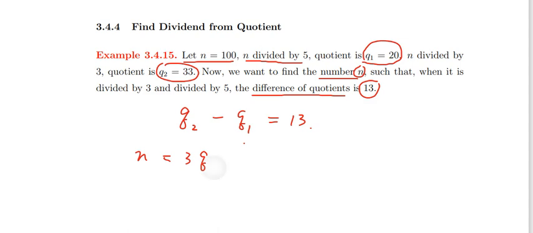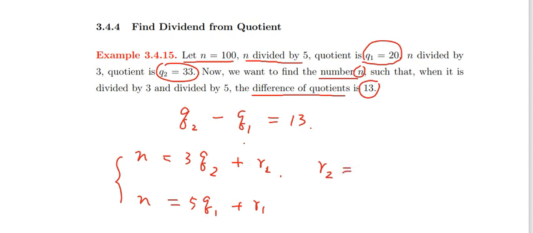So N should equal 3Q2 plus some remainder. And N divided by 5, the quotient is Q1, so this should equal 5 times Q1 plus remainder. Those two remainders are not the same, so we put R2 and R1.